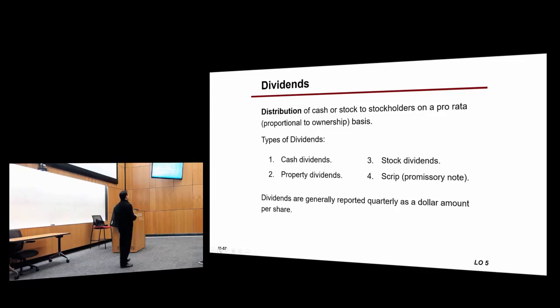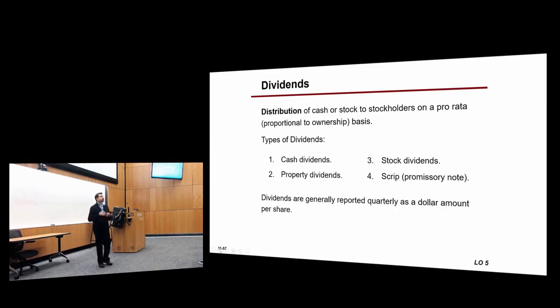This is when the company does not want to pay cash. What they do is they issue additional stocks and distribute them to their shareholders. You also have property dividends and scrip, which is like promissory notes. Those are less frequent. So this is why we are going to focus here on cash dividends and stock dividends.